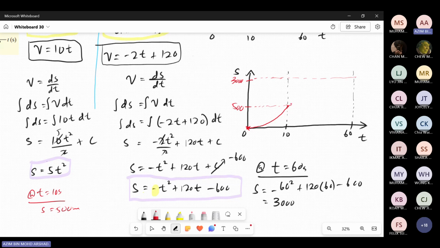This point. So this is what it looks like. Hold on. No, it's a frowning face like this. Okay. This is not the most accurate representation of the plot, but this is what it looks like. Okay. So don't forget the unit. So at t equals 60 seconds, S is 3000 meters.